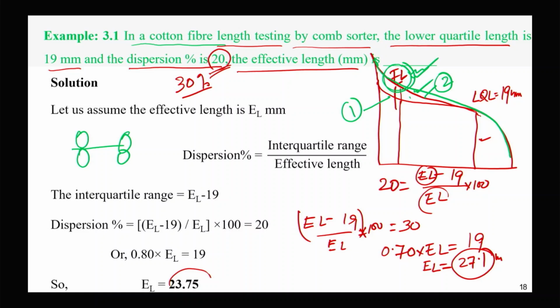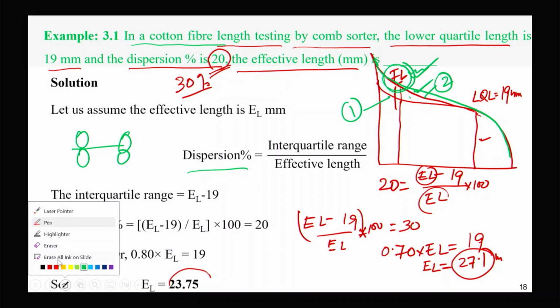So ultimately product quality will deteriorate, although we are paying a higher price. So dispersion percent is extremely important to be considered.